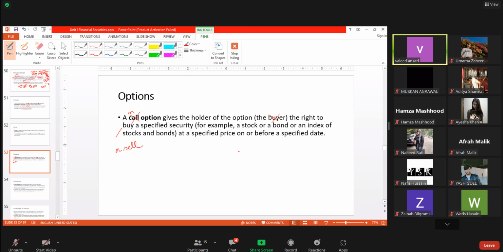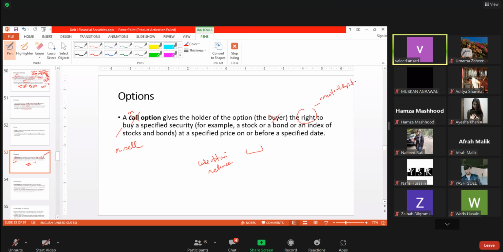It means that if you buy a call option on a Reliance share, there are two types. It gives the right, but not the obligation. In futures and forwards the contracts are obligatory, but not here.